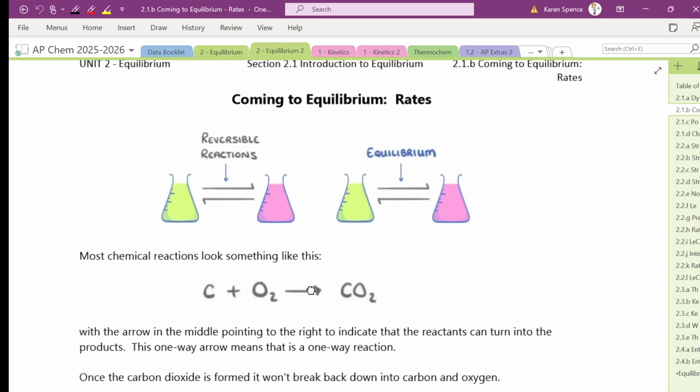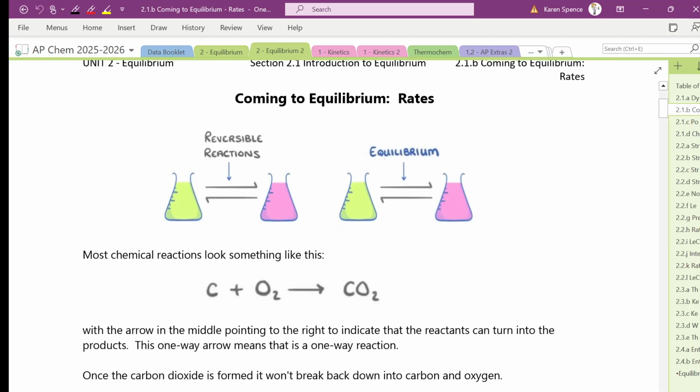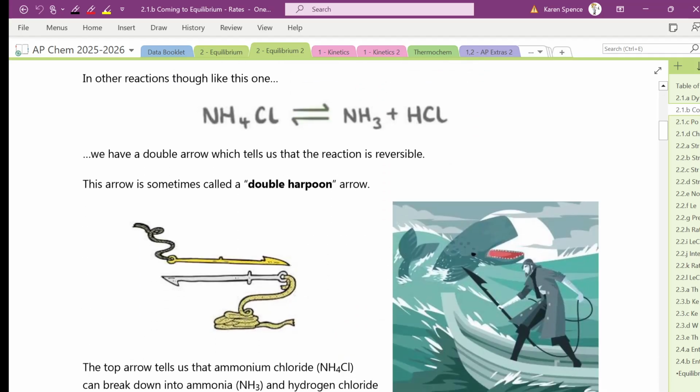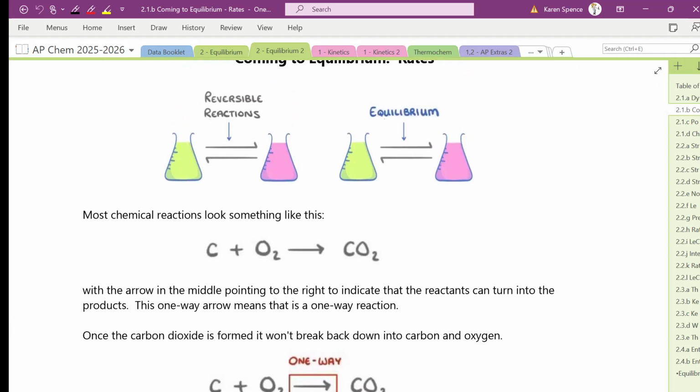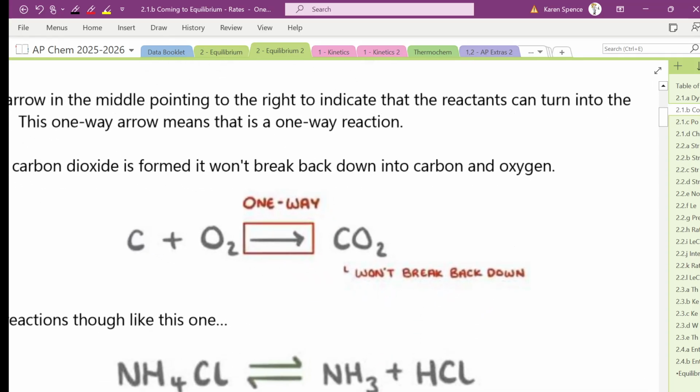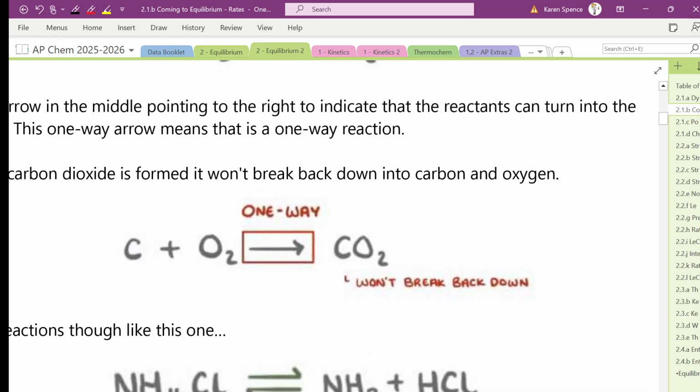So coming to equilibrium, this is looking at rates. This is on page 5. So most chemical reactions look something like this, where we've got a one-way arrow, carbon plus oxygen gives carbon dioxide, let's say. Carbon dioxide, once formed, will not break back down, so we have a one-way arrow.